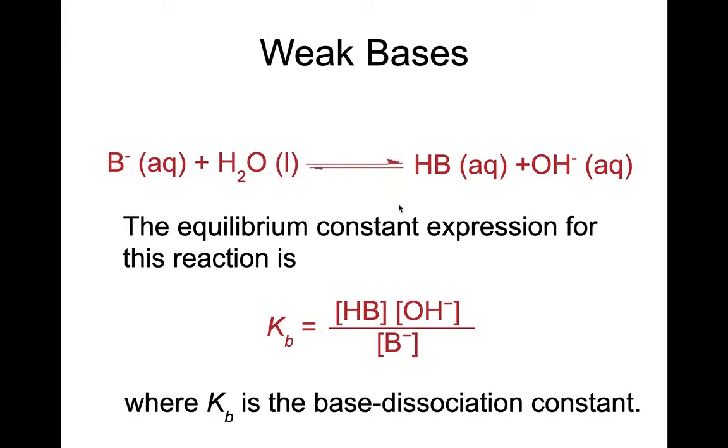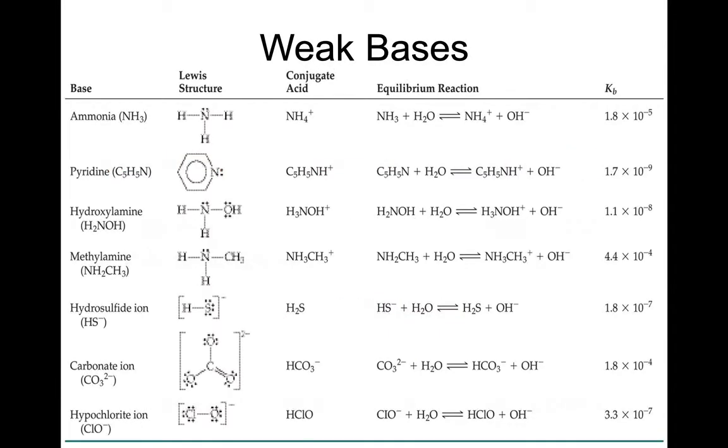Alright, so this is our base dissociation constant, and we can use it in the exact same ways we used the acid dissociation constant. Here are a couple of examples of weak bases. This table's just here as a reference for you, really, but it shows you the name of the base, its Lewis structure, the conjugate acid that will form when it picks up an additional hydrogen, its reaction with water, where you can see they're all producing hydroxide ions, and its base dissociation constant.